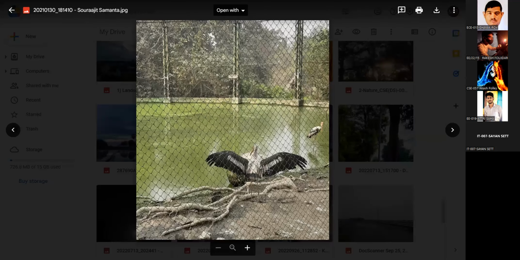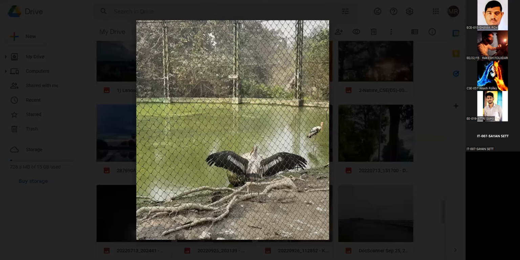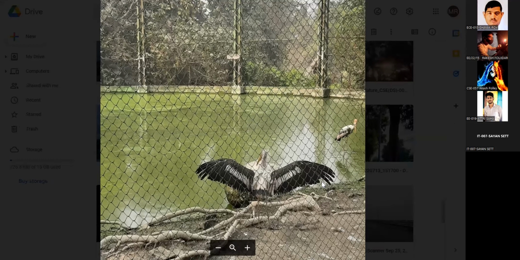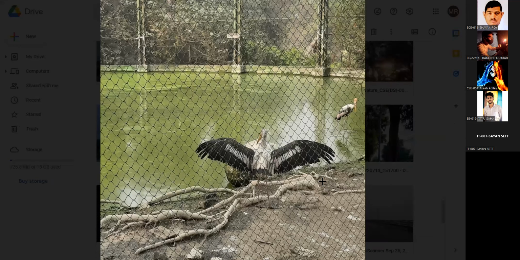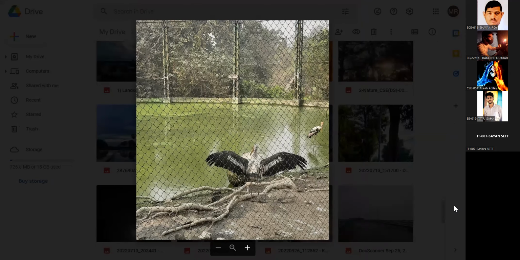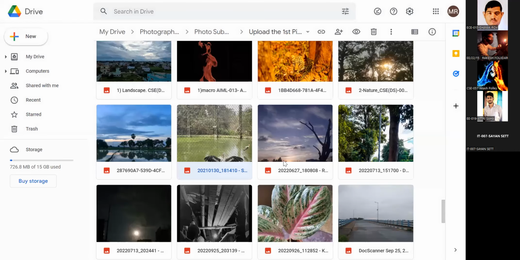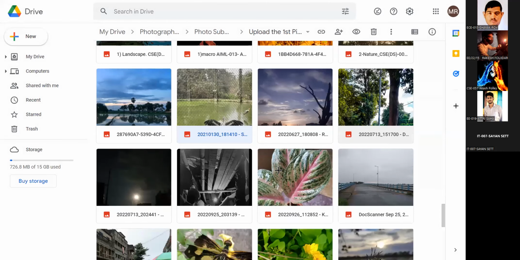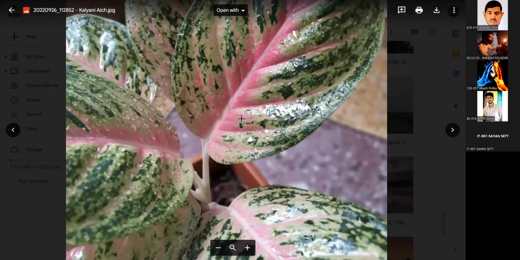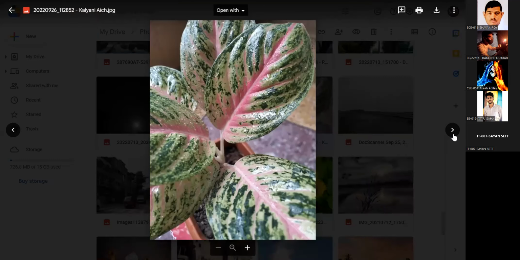Okay, this picture does not come under nature photography because I think it is taken inside the zoo. This kind of picture will not be accepted as nature photography, that I want to say. Okay, let me see this image. It is just a bouquet picture because everything is in focus.